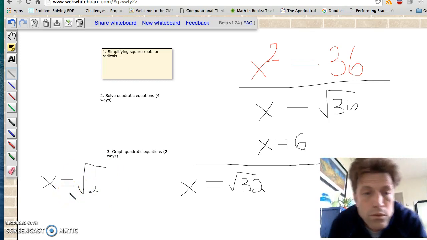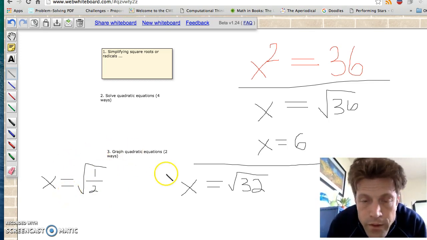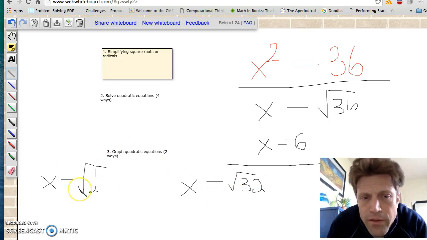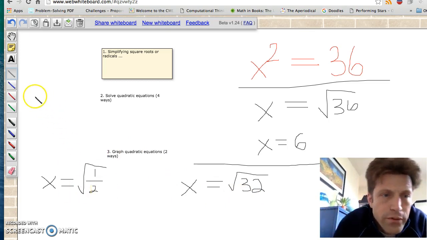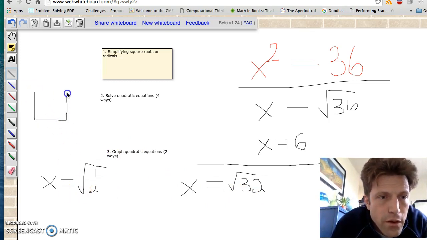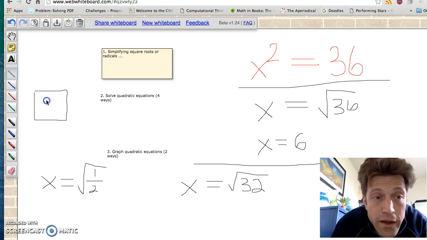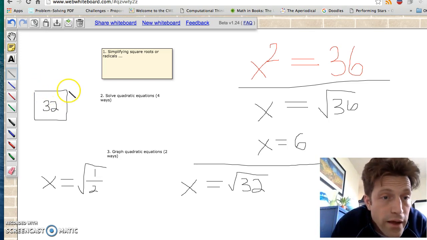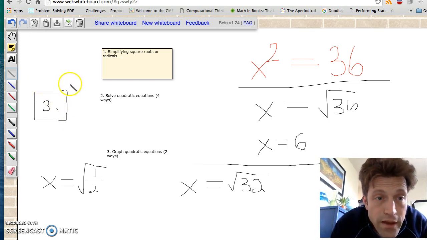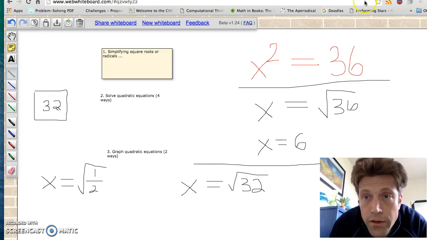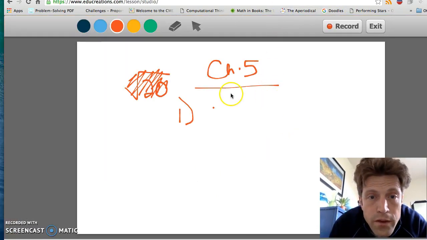So what do we do in these cases? And why would this even ever come up in the real world? Well, you might have a field where you know it's a perfect square and the area is 32, and you want to know, well, what is the length and the width? And the answer is the square root of 32. But to explain why, well, let's get into that on the next slide.